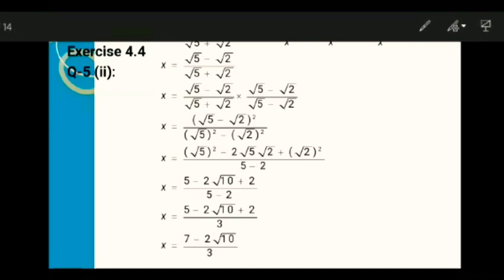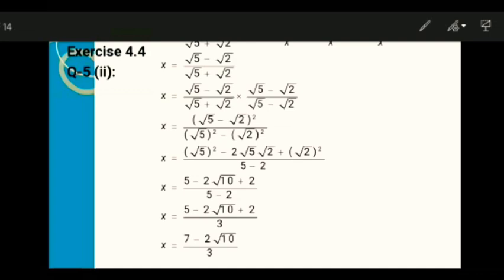Numerator multiplied by numerator, under root 5 minus under root 2, these are the same terms, so you will take the whole square. And on the denominator, you will apply the third identity, that is under root 5 whole square minus under root 2 whole square. Now you can observe that under root 5 minus under root 2 whole square is related to the second identity, a minus b whole square, which is equal to a square minus 2ab plus b square.